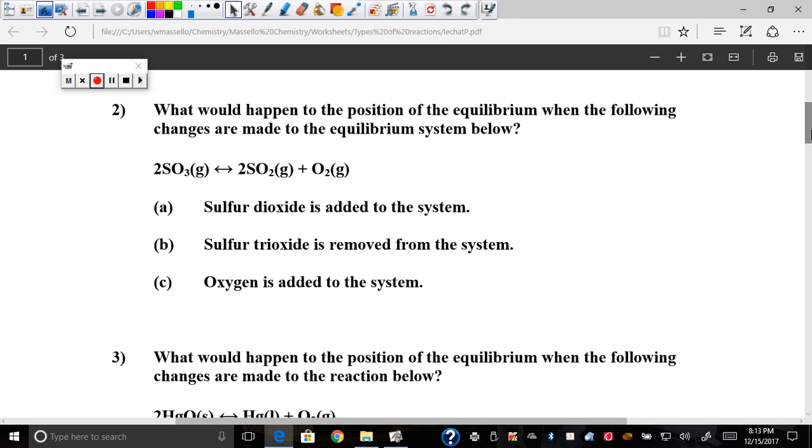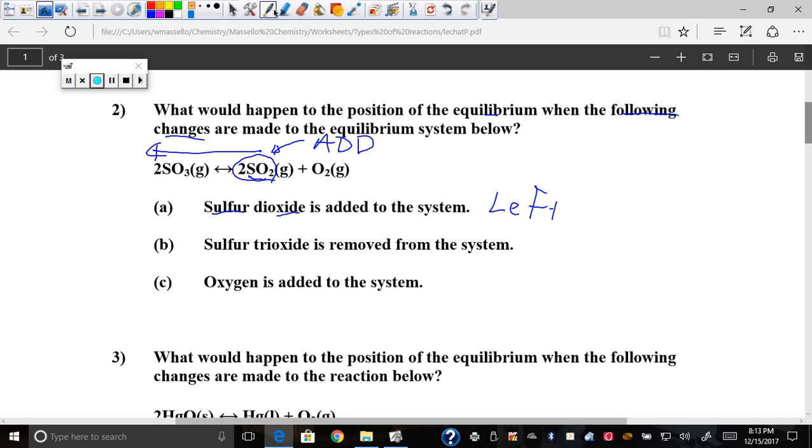What would happen to the position of the equilibrium when the following changes are made to the equilibrium system? This is not a multiple choice problem. Okay, sulfur dioxide is added to the system. Sulfur dioxide, that one. Okay, so if we add it, then it would shift to the left.